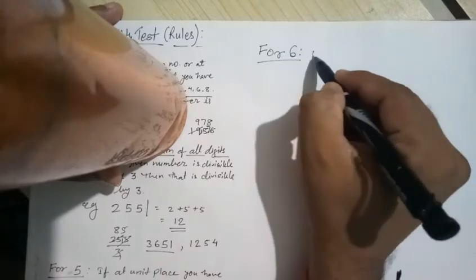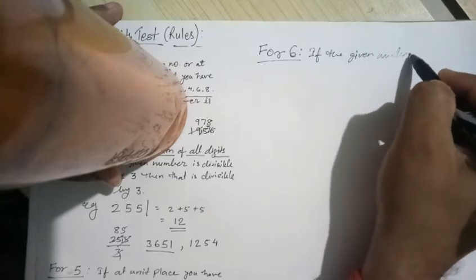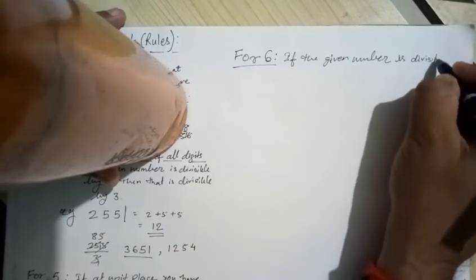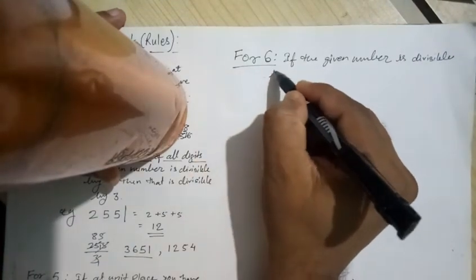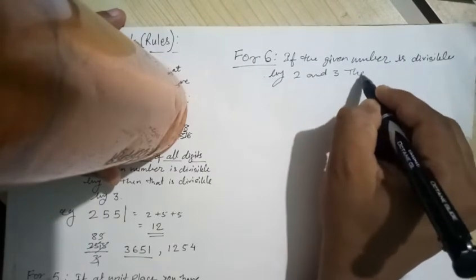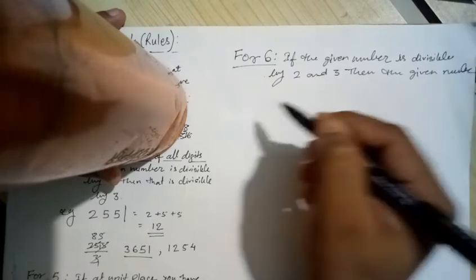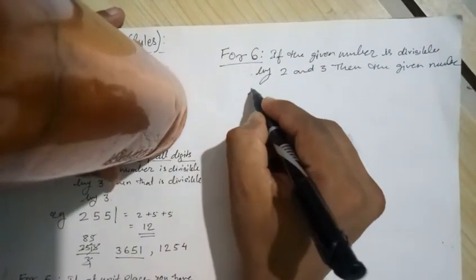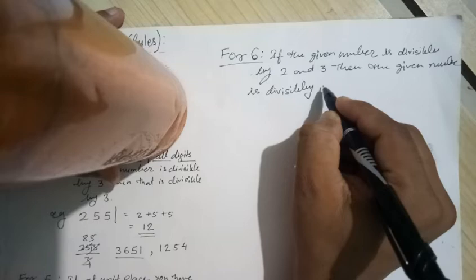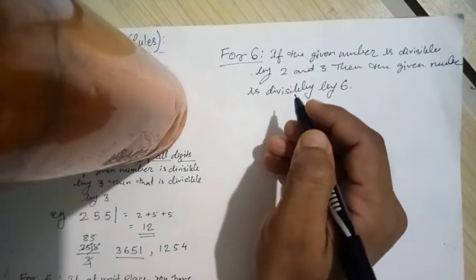If the given number is already divisible by 2 and 3, then the given number is divisible by 6.